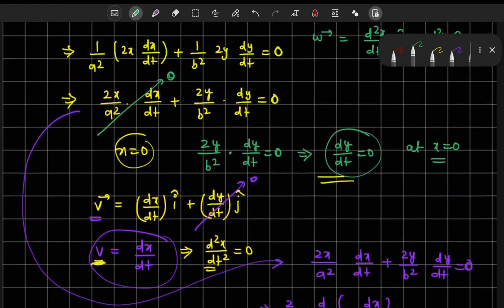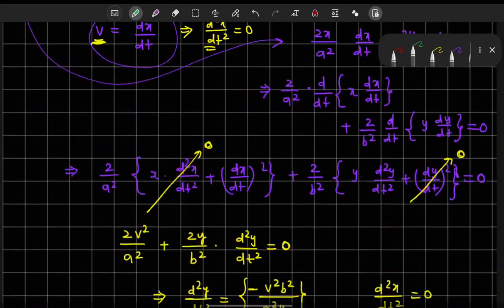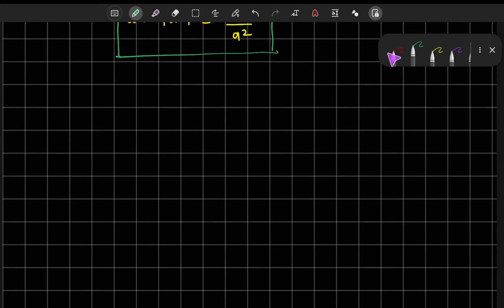Now let us come to the radius of curvature. Again we will use the same formula, that is r is equal to 1 plus dy by dx whole square, whole to the power of 3 by 2, whole divided by d square y upon dx square.